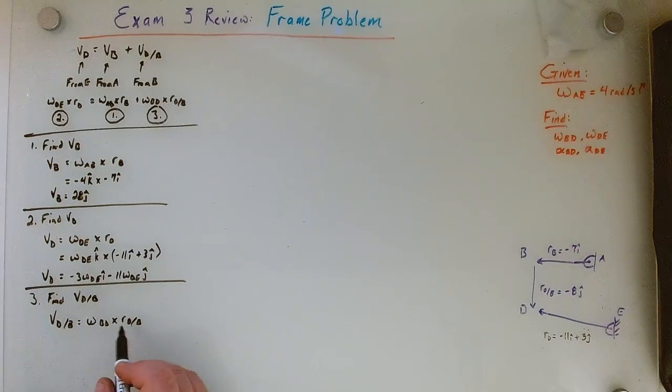So, omega BD crossed. And now we're at the minus 8. This is K. Wow, that's terrible. Let me start that over.